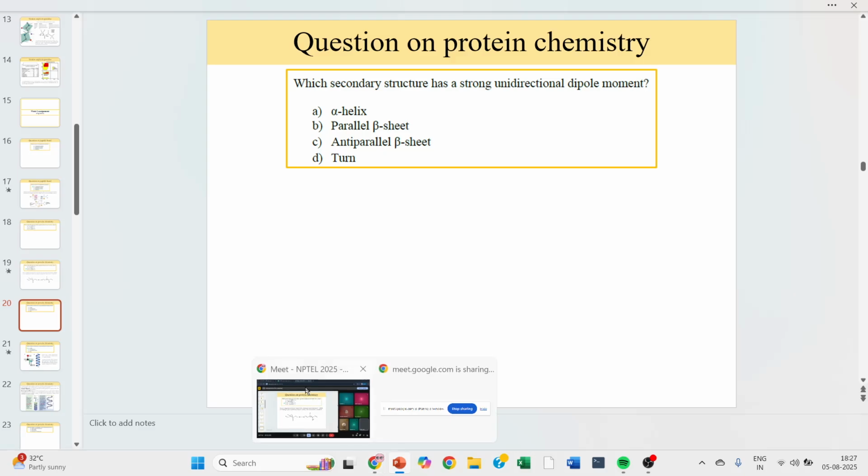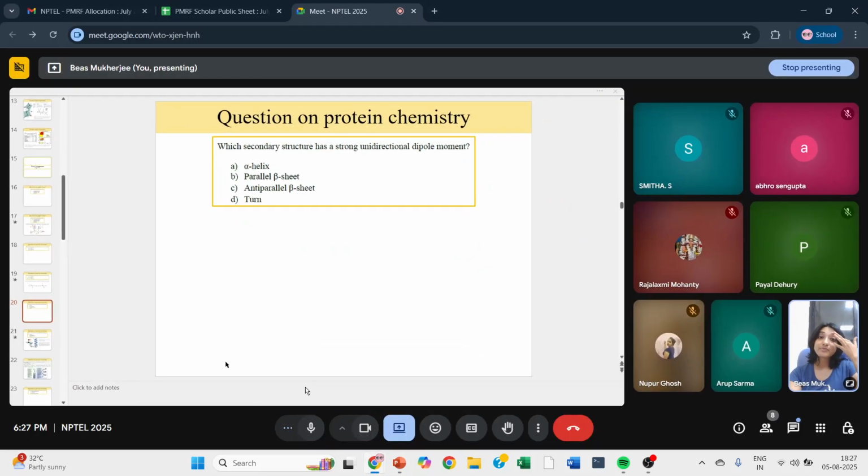Okay, which secondary structure has a strong unidirectional dipole moment? Now this is a very interesting question because I'll tell you something very interesting once you answer this. Dipole moment means that one end of it has a particular charge, the other end has a different charge.